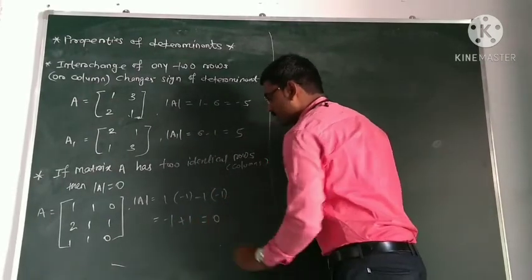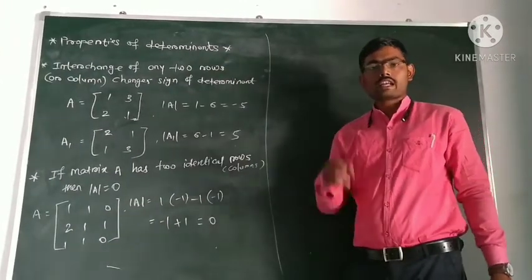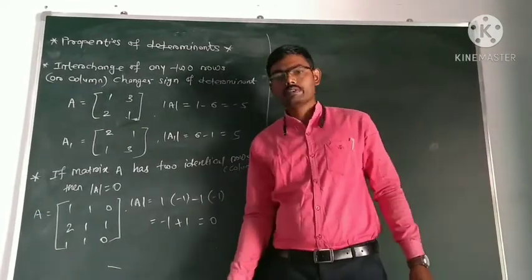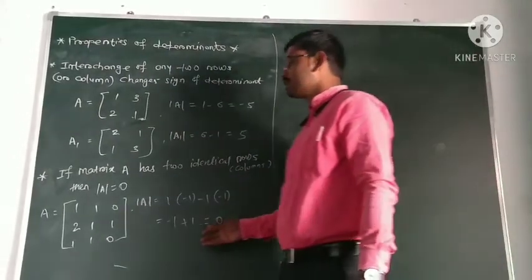Minus 1 plus 1 is equal to 0. So if a matrix contains two identical rows or two identical columns, then the determinant is always equal to 0. This is another property of the determinant.